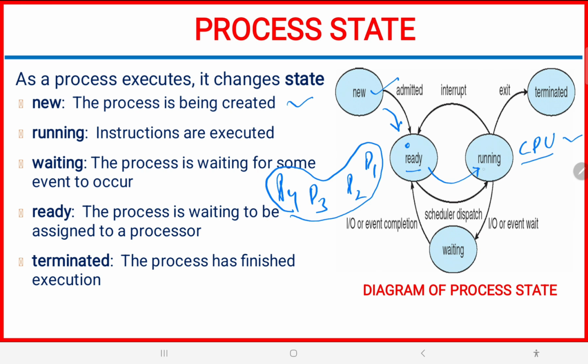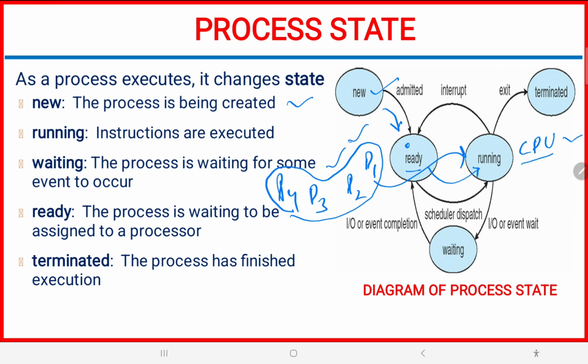So the moment the CPU is free, that means the running state as of now does not have any process, one of the processes from this ready queue is shifted to the running state. The question arises which one of these will be shifted from ready queue onto the running state.